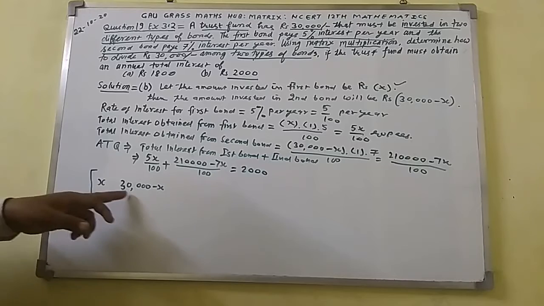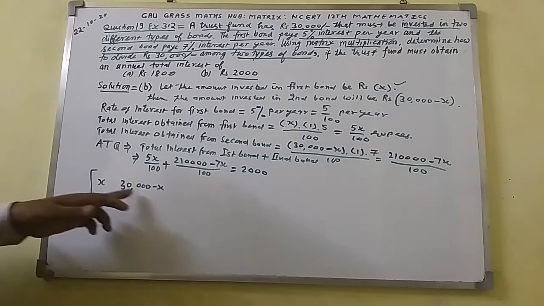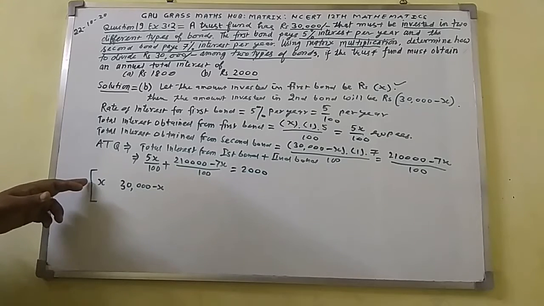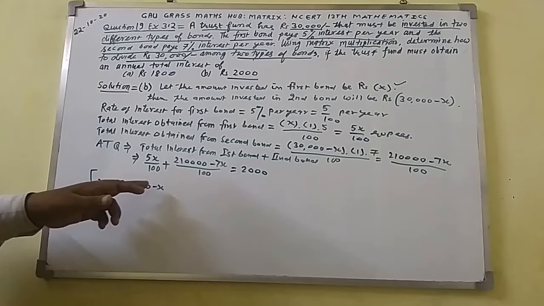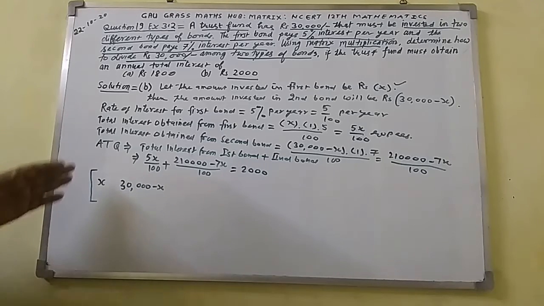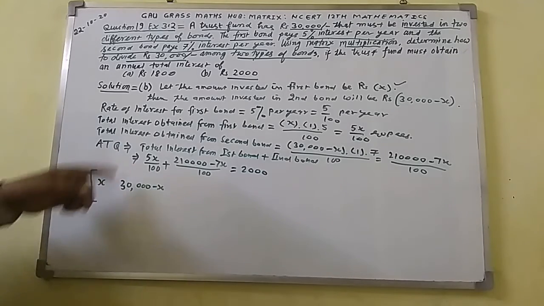These both terms are like terms, and like terms will be grouped together. Represented in matrix form like this, you have only the first row. The number of rows here is 1 and the number of columns is 2.